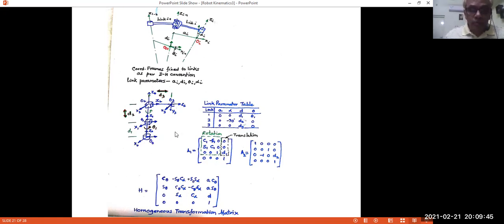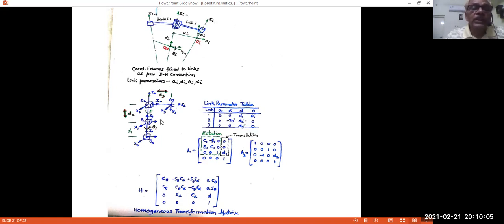Next we need to fill up this. What is d2? Mind you, this is a prismatic joint moving like this. So the distance between them keeps changing, so that will be a joint variable.